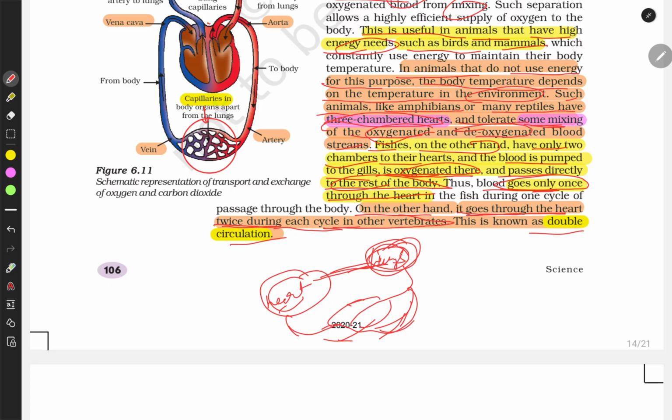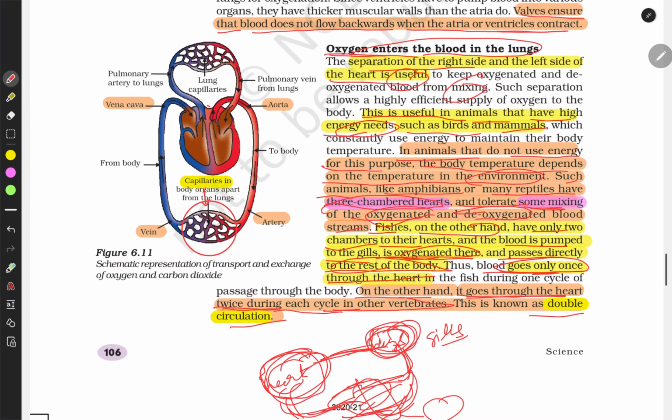These are the gills, which are the lungs of the fishes. The blood becomes oxygenated, and it is pushed to the different parts of the body. The body consumes the oxygen during respiration, and the byproduct is carbon dioxide, and it goes here, and the carbon dioxide blood again goes to the heart, and the heart again pumps it. This is how the single circulatory system works.